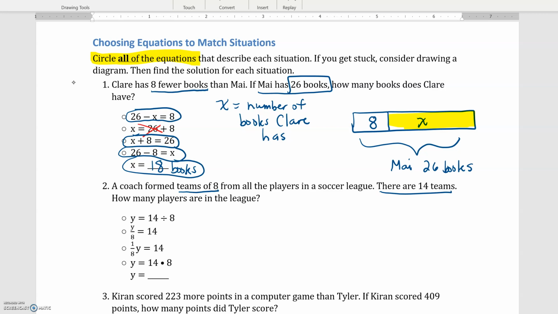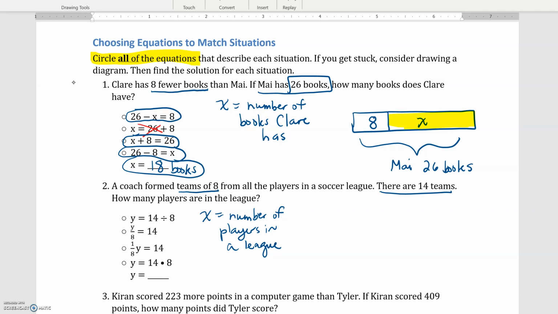So what I don't know in my question is x, equals the number of players in a league. I had to ask myself, how would I find x, the number of total players? What I know is that in each team there are 8 players, and there are 14 groups of those 8.